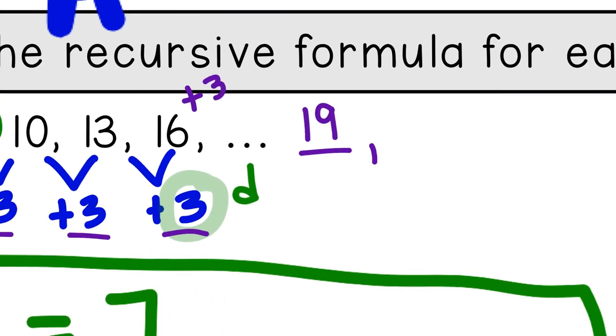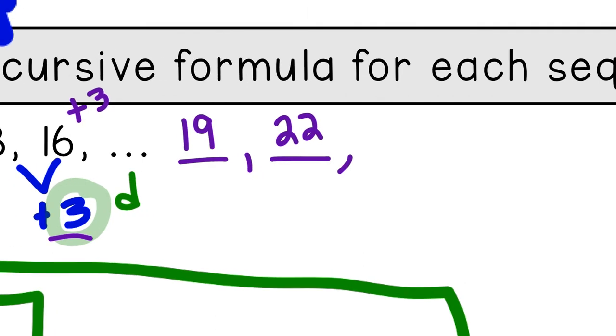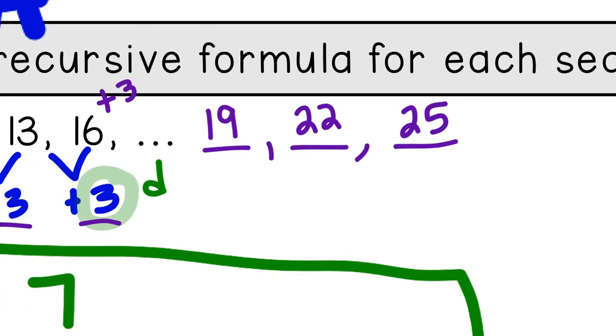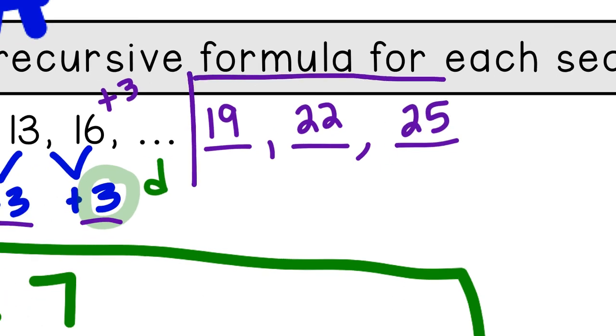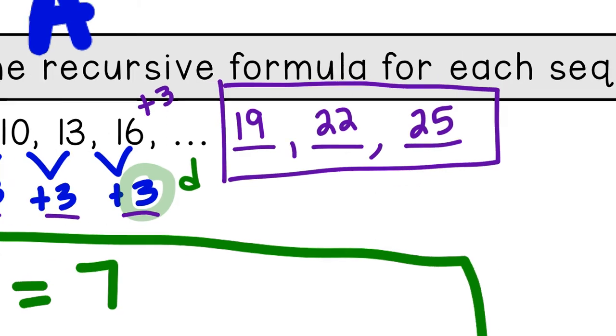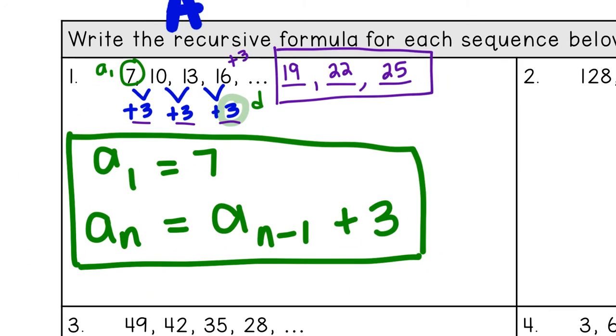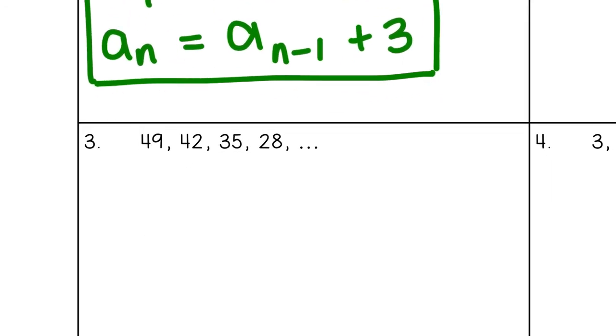Then what is 19 plus 3? That's 22. And then one more. What is 22 plus 3? That's 25. So now those are the next three terms that they wanted us to find. See, not so bad.